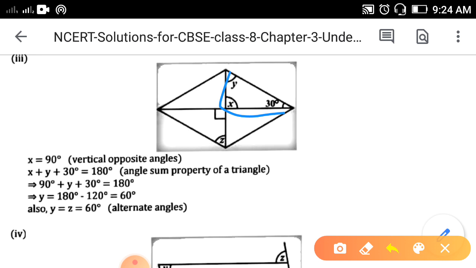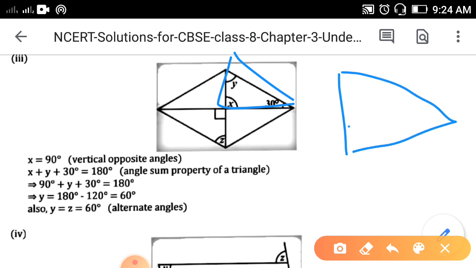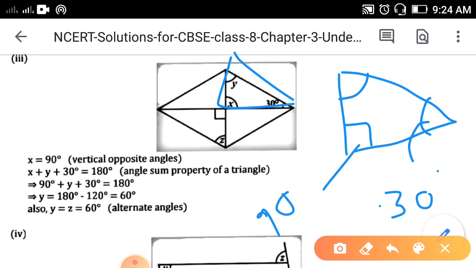Then consider this triangle. Here it is 90 degrees, and it is 30 degrees. We have to find out y. So you have to use the angle sum property.